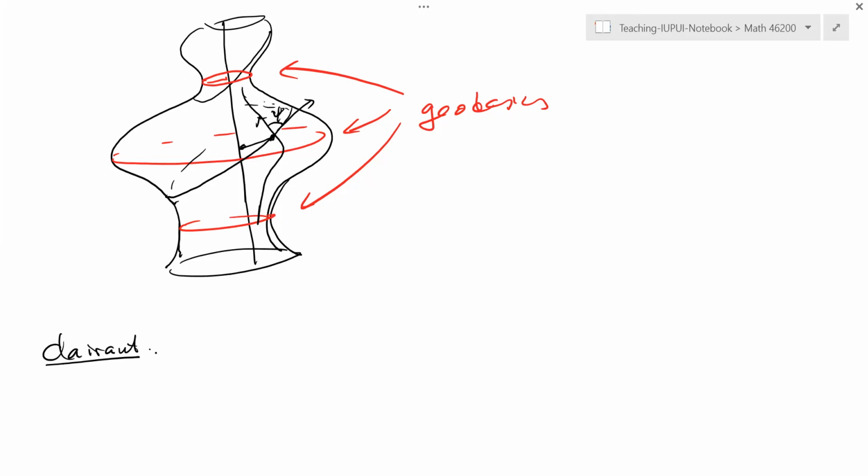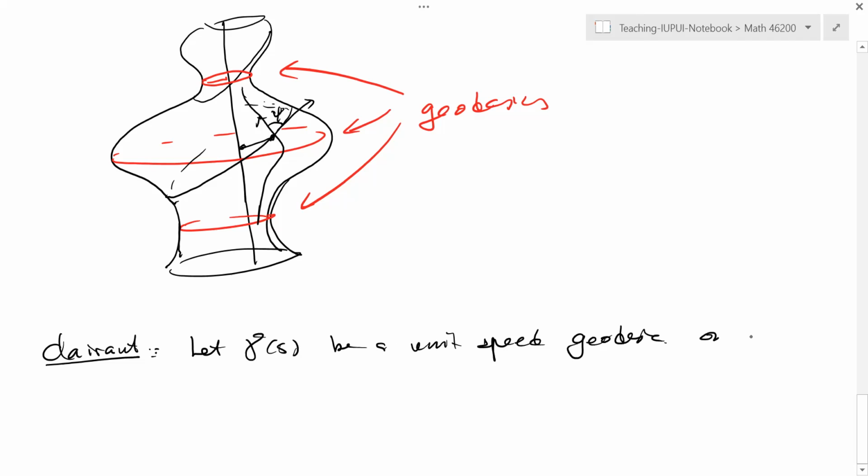So that angle is a function of s, depending on the location of the curve. Here's what he said. Let gamma be a unit speed geodesic on S, the surface of revolution.